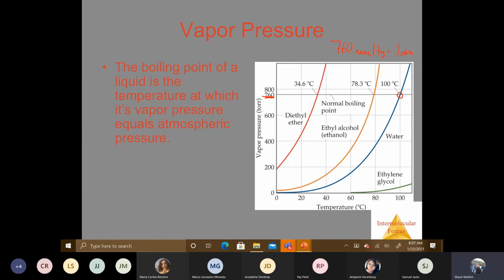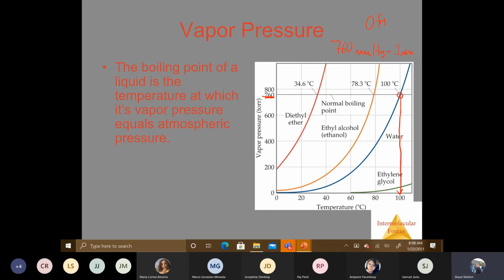So 760, 1 atmosphere, that's your baseline. At 760, you're at 0 feet elevation, at sea level. At that particular pressure, your boiling point is 100 degrees Celsius, and you come straight down to the x-axis here and find that.